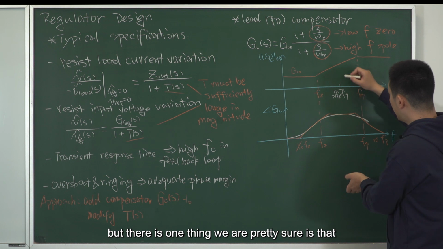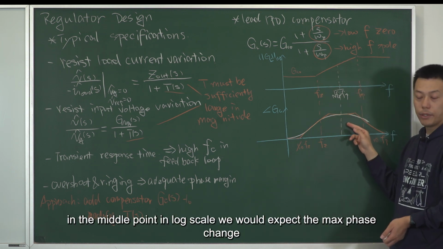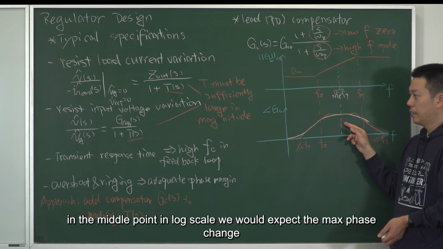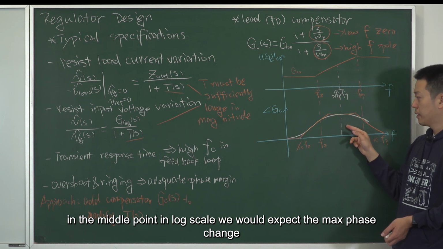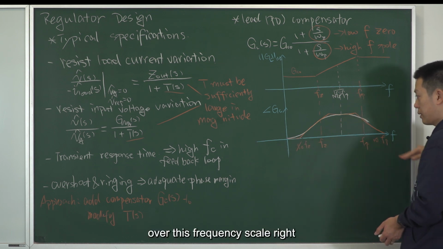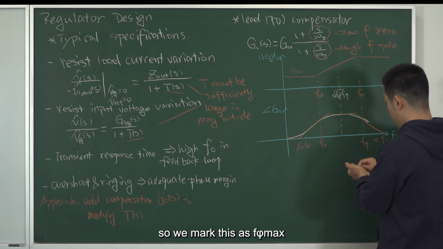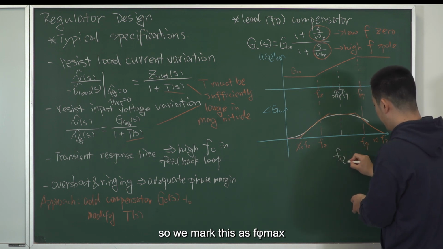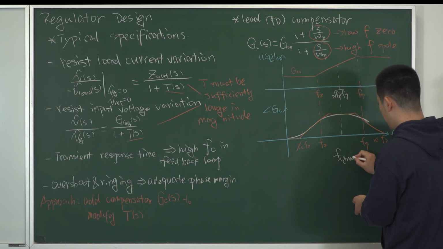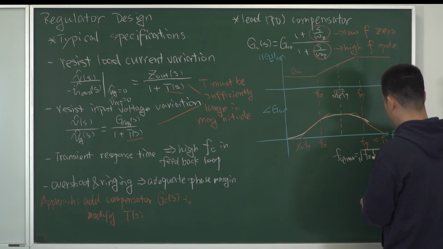But there is one thing we are pretty sure of: in the middle point in log scale, we would expect the maximum phase change over this frequency scale. We mark this as F phi max, which will be equal to the square root of Fz times Fp.